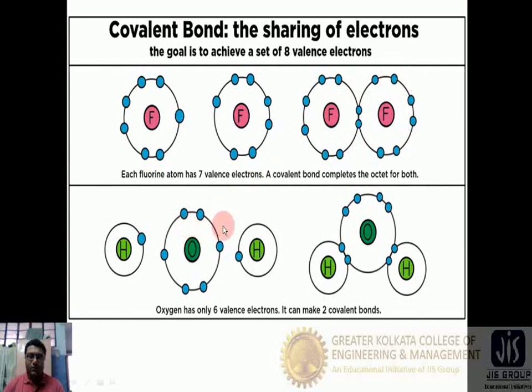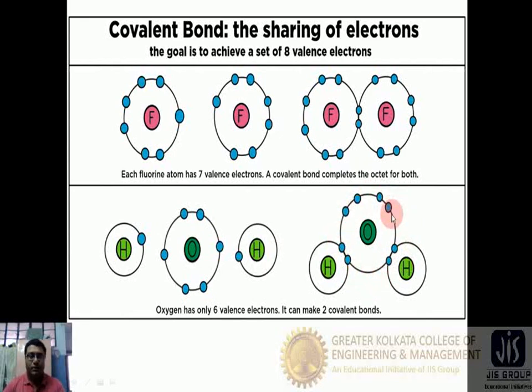In the case of water, there is also a covalent bond between hydrogen and oxygen. As we know, hydrogen has 2 electrons in its outer shell and is stable, and the oxygen also shares 1 electron from each hydrogen to form 8 electrons in the outermost shell.